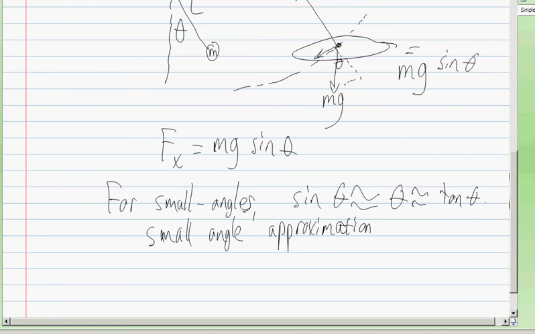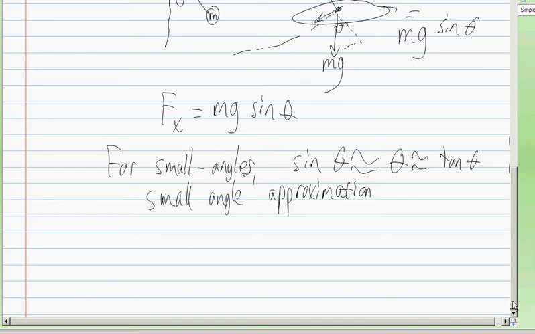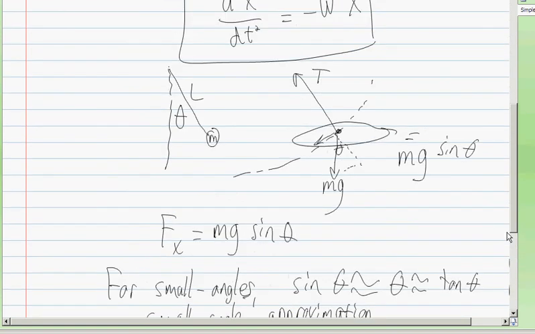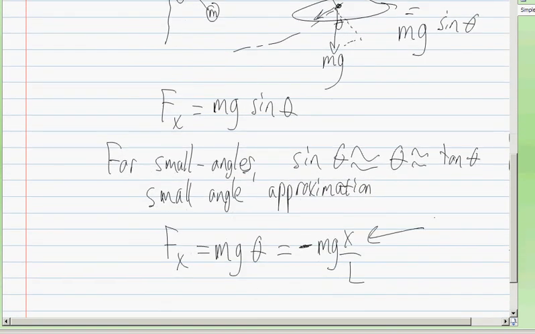In any case, the reason we do that is because that means the force in x equals mg theta, which, since they're about equal, is going to be negative mg x over L, negative because it's restoring, where x is the actual amount moved in the horizontal direction and L is the length.